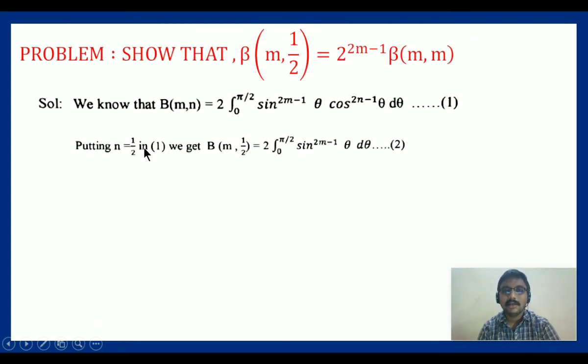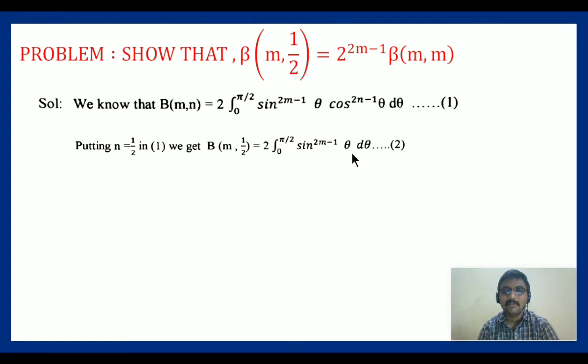Now putting n equal to 1 by 2, we get beta of m comma half is 2 into integral of 0 to pi by 2 sine power 2m minus 1 theta. Putting n equal to 1 by 2, 2n minus 1 is 0, and cos power 0 theta, anything power 0, is always 1.